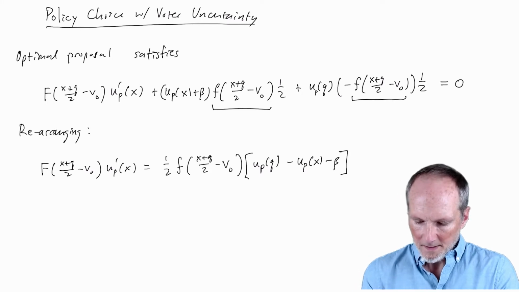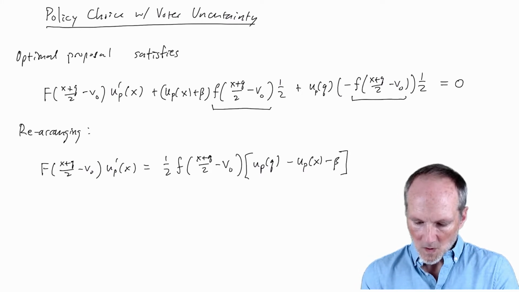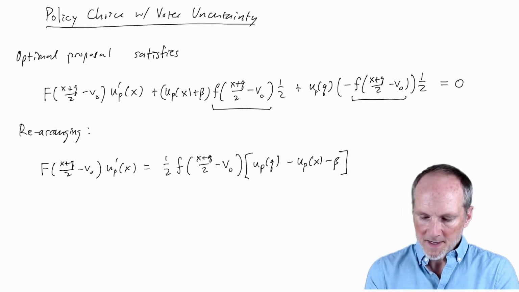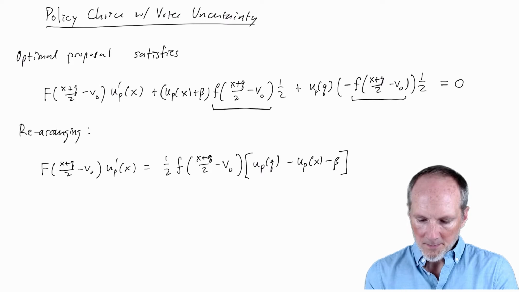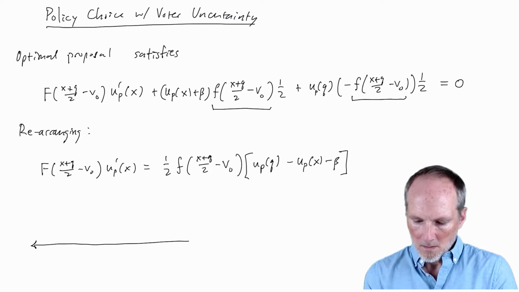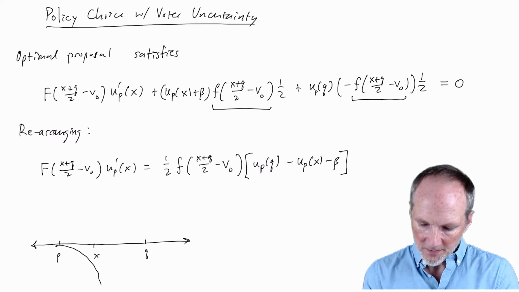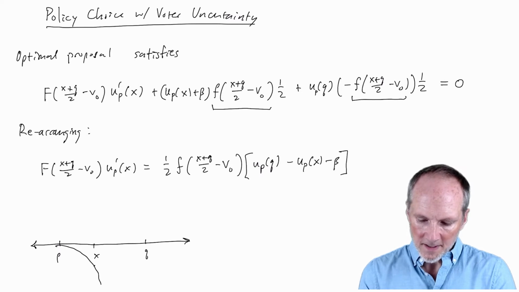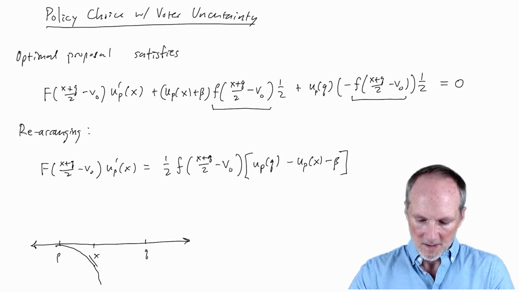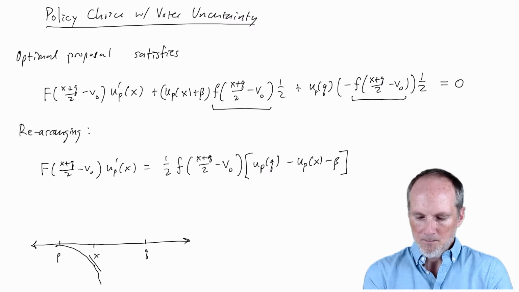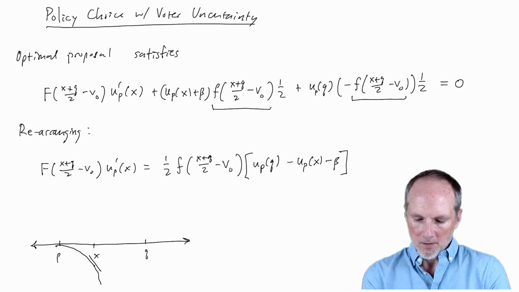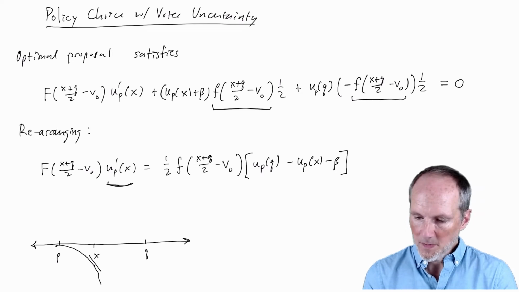Keep in mind that because we're assuming that x is between the politician's ideal point and the status quo, the politician's utility is quadratic, and so at x, the slope of that utility function is negative. So this is a negative number here.